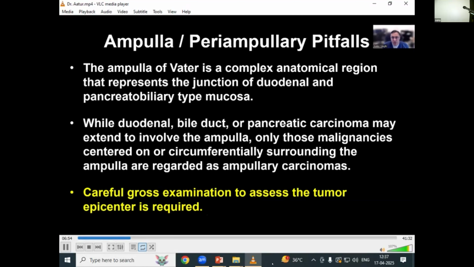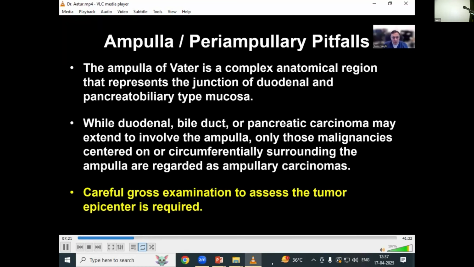And let's start with what is the ampulla, which is a complex anatomic region that represents a true junction of the duodenal, pancreatic, and biliary type mucosa. While multiple types of carcinomas arising from the duodenum, bile duct, and/or pancreas often extend into the ampulla, an ampullary adenocarcinoma must truly be centered on or circumferentially surround the ampulla to be regarded as an ampullary primary.